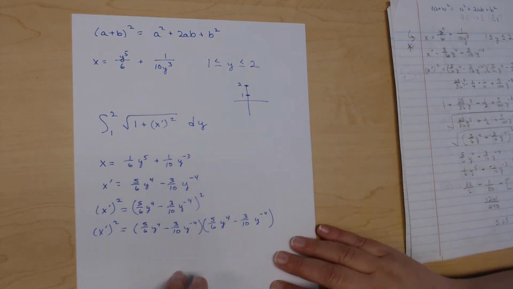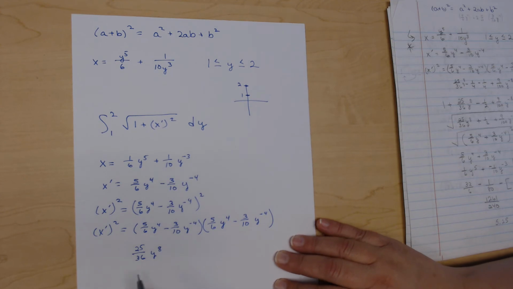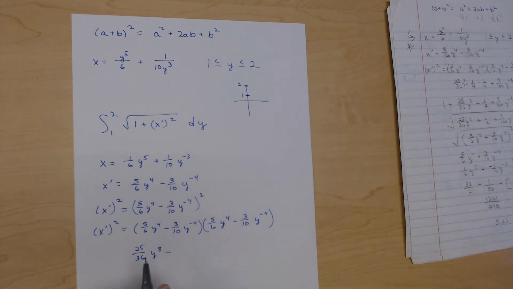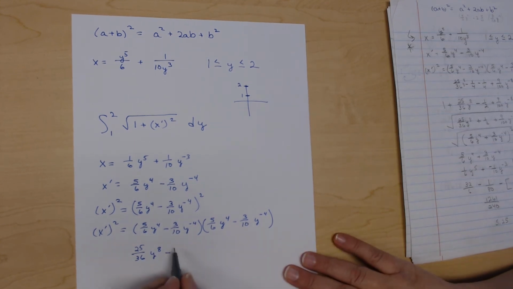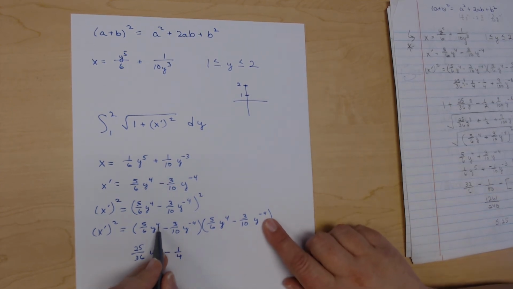Okay, so what does that give us? First gives us 25 over 36 y to the 8th. This gives us what? -15 over 60, which is 1/4. But what happens when I multiply the y's? I add the exponents, and it goes away, right?